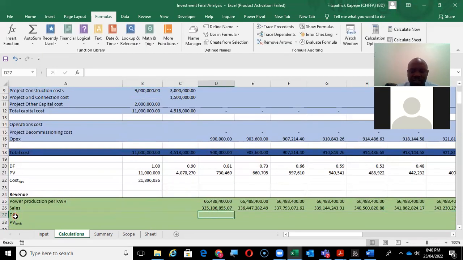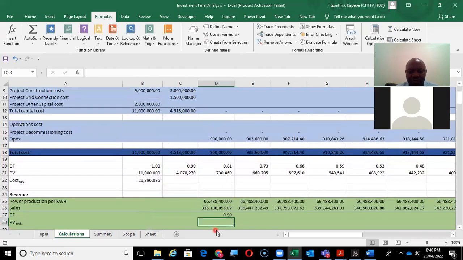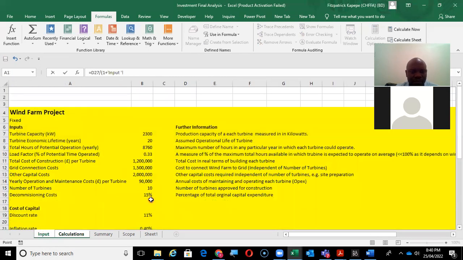So in year one, we start, which would be basically 1 divided by 1 plus, you get your 11% there. Then you come here, which is that divided by 1 plus your discount rate there.